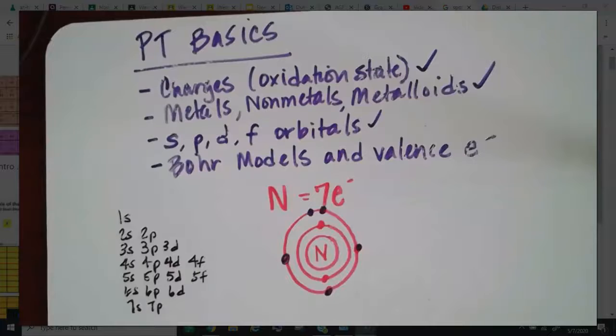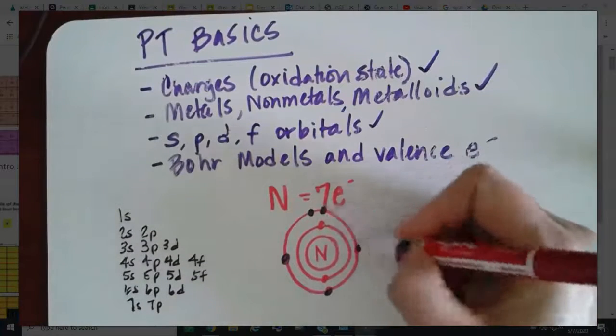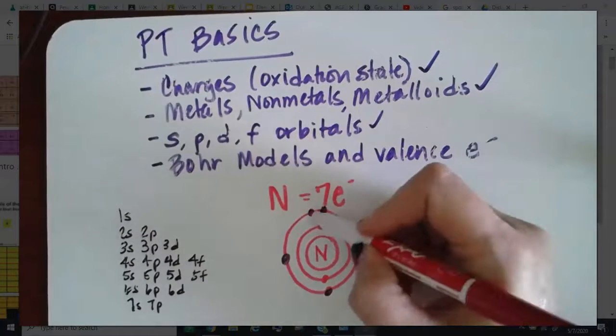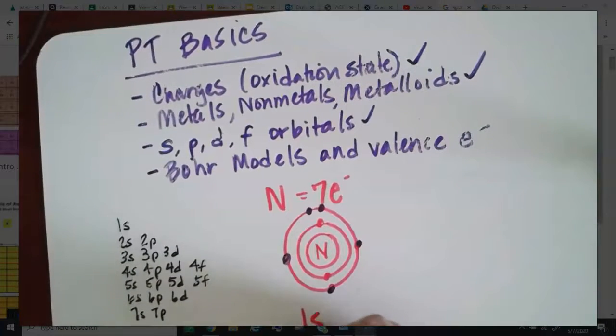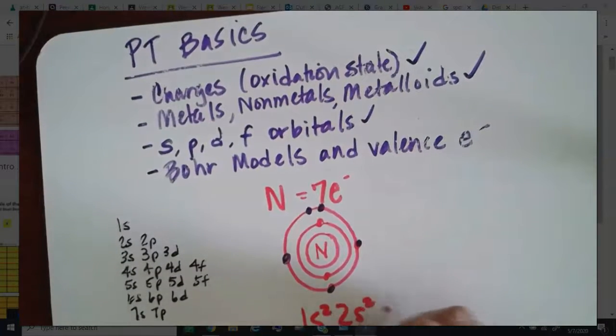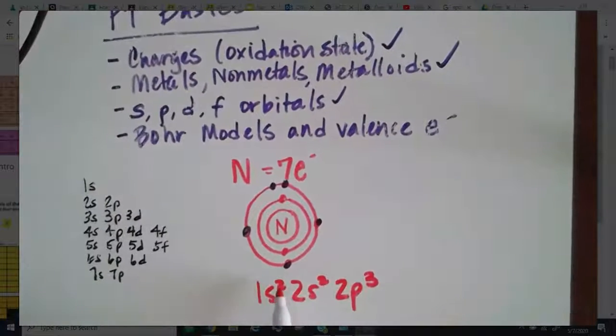All right, now guess what? There's your 1s, and then 2 of these are your 2s, and then the other 3 are your 2p. So 1s2, 2s2, 2p3. And if you count that up, that clearly adds up to 7. 2 plus 2 plus 3 is 7. 7 electrons, so we're good.